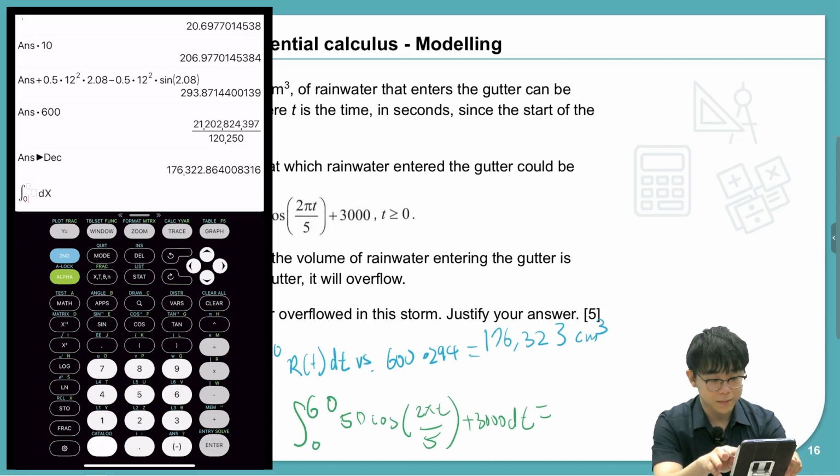And then we have from 0 to 60, and then we get 50 times cosine of 2 pi times t divided by 5 plus 3,000.